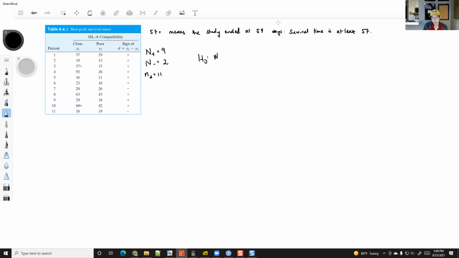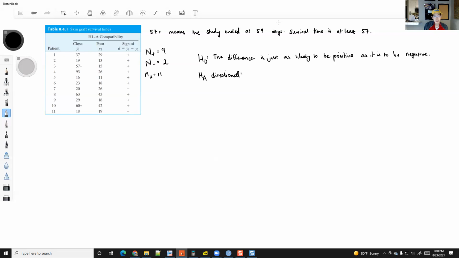Okay, so in our case, we have a null hypothesis, and we're going to say we expect the probability of positive, right? The difference is just as likely to be positive as it is to be negative. And then the alternative is directional.